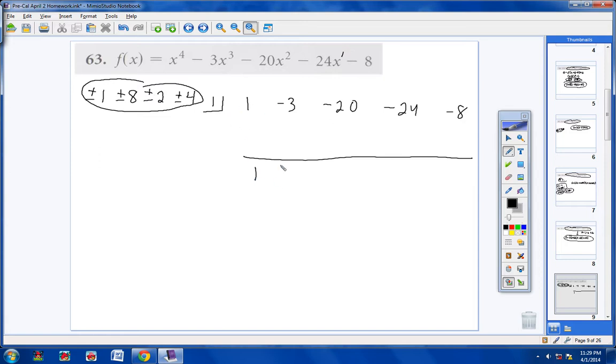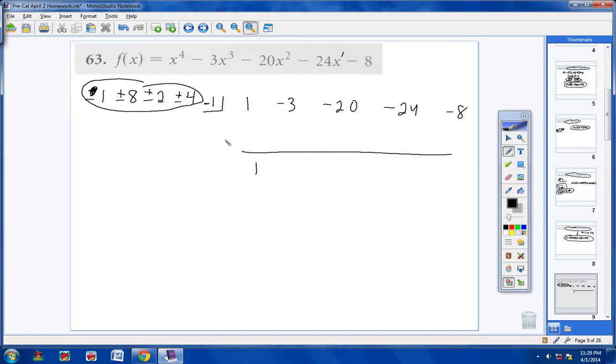Bring your 1 down, multiply 1 times 1, you get a 1, combine, you get a negative 2, 1 times negative 2 is negative 2, combine, you get a negative 22, 1 times negative 22 is negative 22, combine those, you get a negative 46. You can see right away you're not going to get a 0 here, so you can go ahead and stop, and we will be left with now checking a negative 1. So let's check a negative 1.